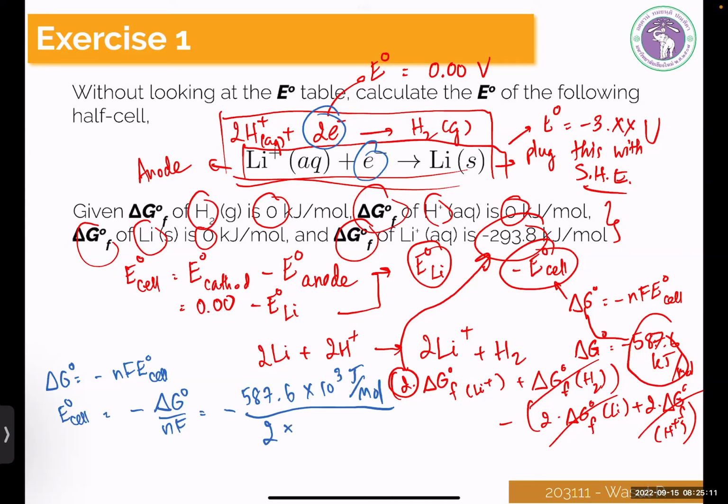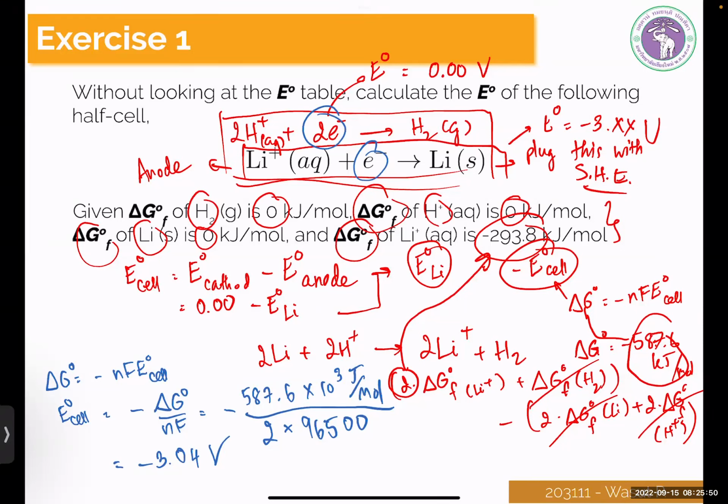2 times F, which is the Faraday constant, 96500. So when I work this out, I got this number to be minus 3.04 volts.